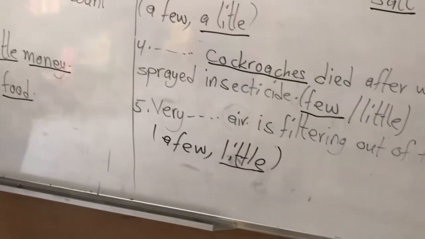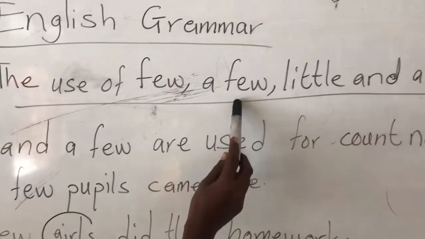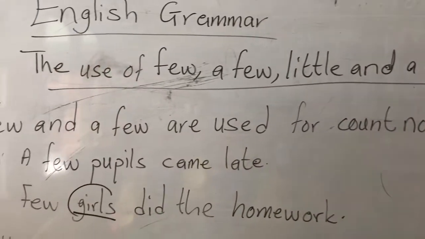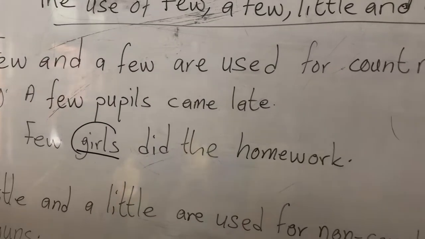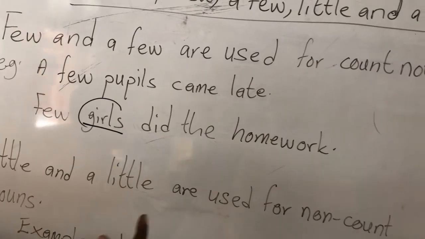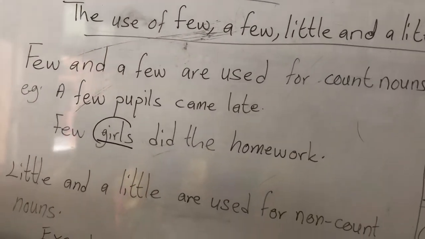Good. So today we learned the use of few, a few, little, and a little. We have learned that few and a few are used for countable nouns, and little and a little are used for non-countable nouns.